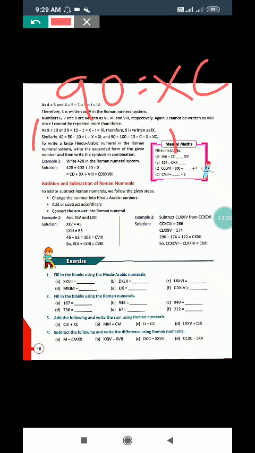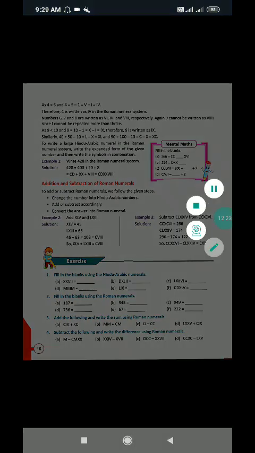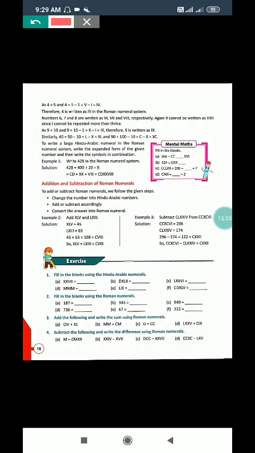To write large Hindu-Arabic numerals in the Roman numeral system, write the expanded form of the given number and then write the symbols in combination. For example, how will we write 428 in the Roman numeral system? 428 is equal to 400 plus 20 plus 8.